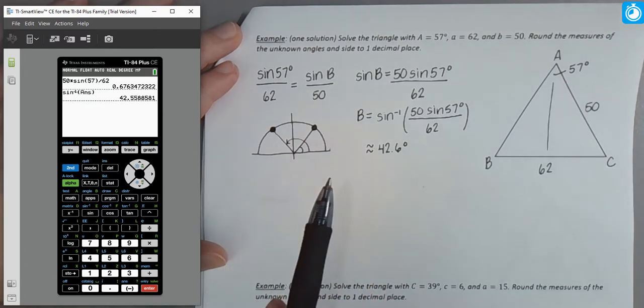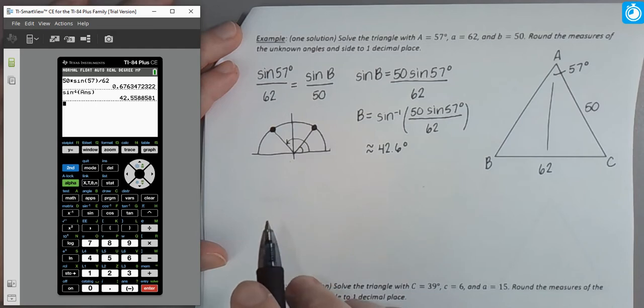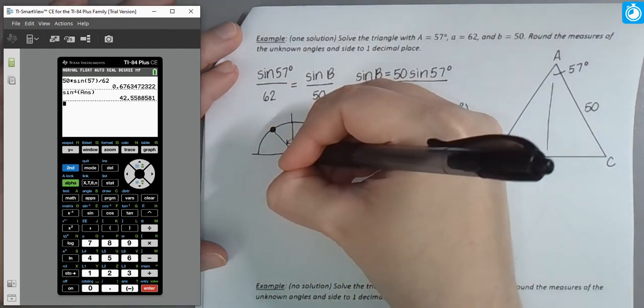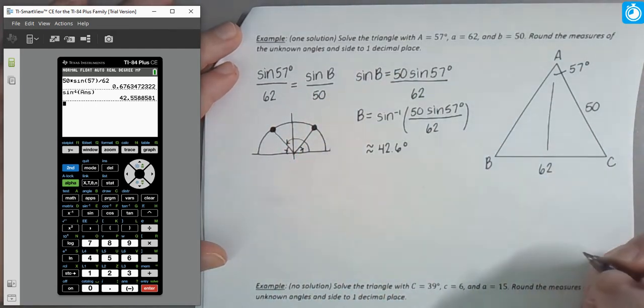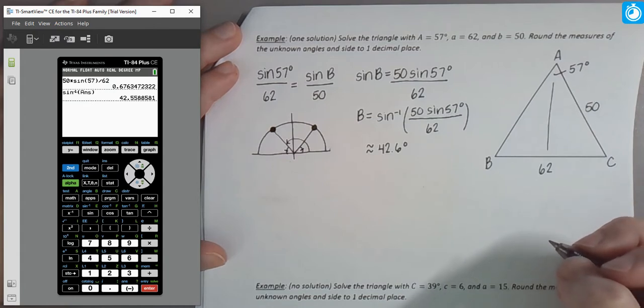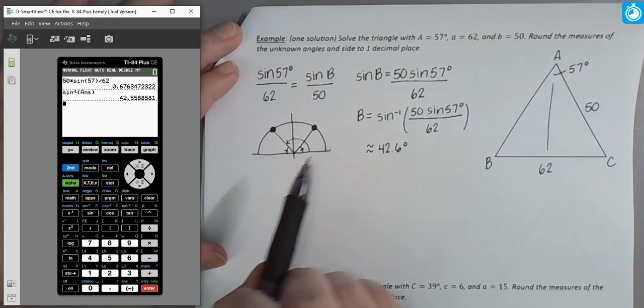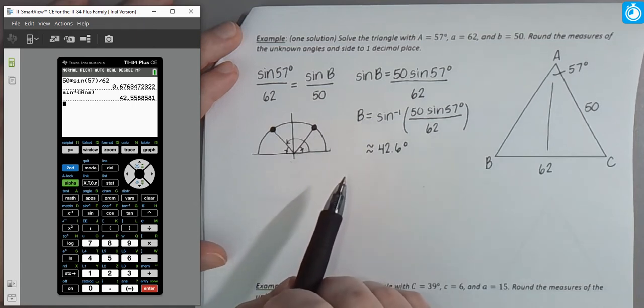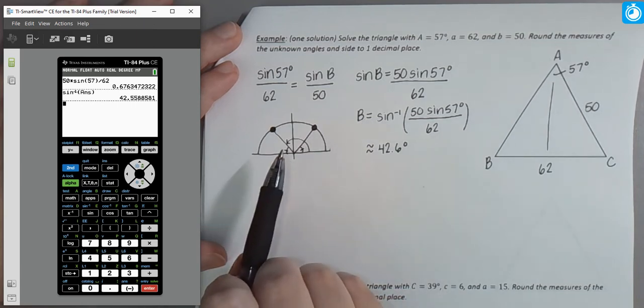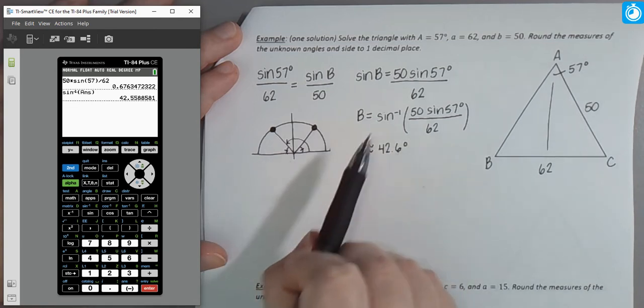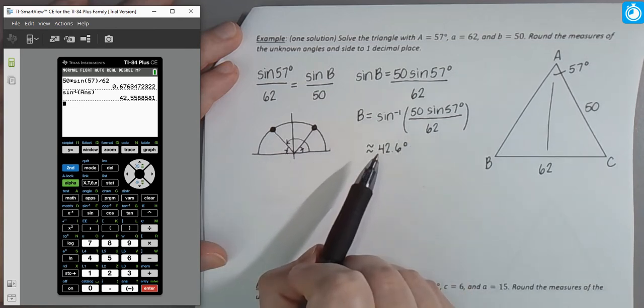Well, we know if they have the same trig values, they have the same reference angle, which means that this angle has to be the same as 42.6 degrees. So the other possible value for B is going to be 180 degrees minus 42.6 degrees.